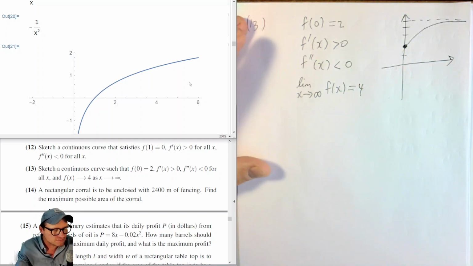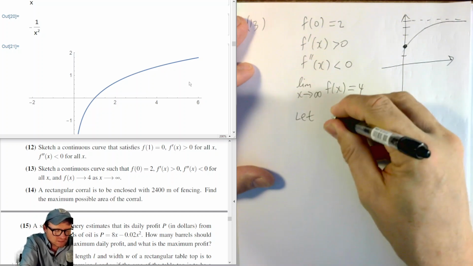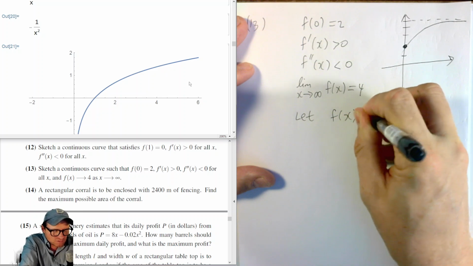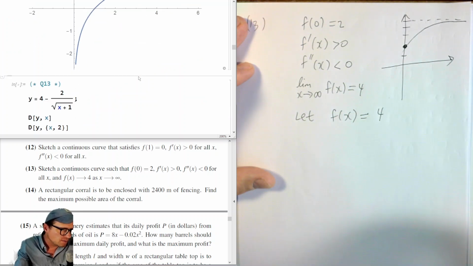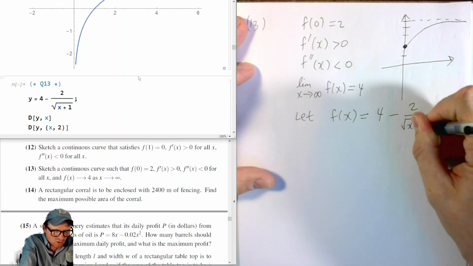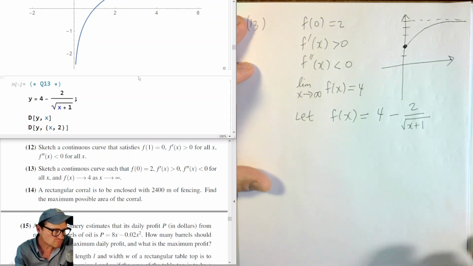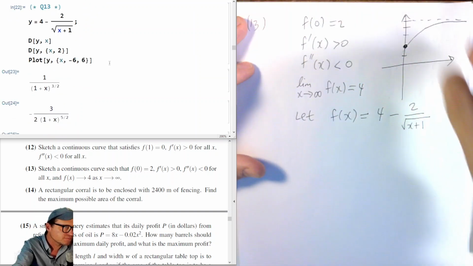Well, yes, there is. So let f of x be equal to, let's see, 4 minus 2 over the square root of x plus 1, say. Okay, now let's take the derivative of this.